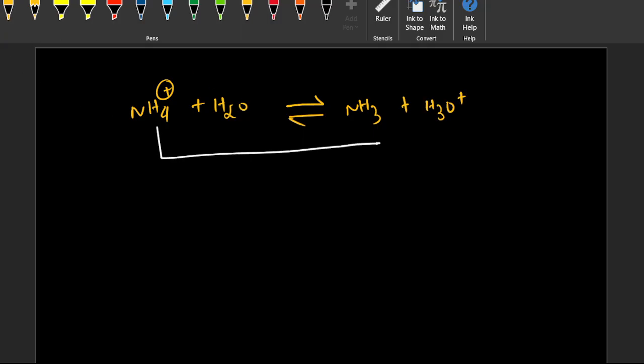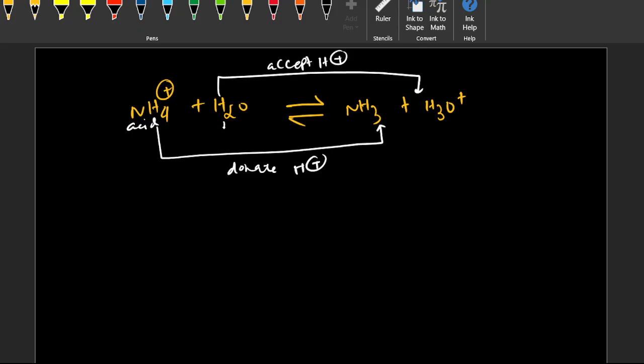From here to here, it is donating H plus, so this is the acid, and from here to here, this is accepting H plus, so this is the base.